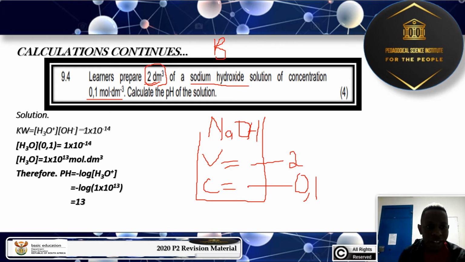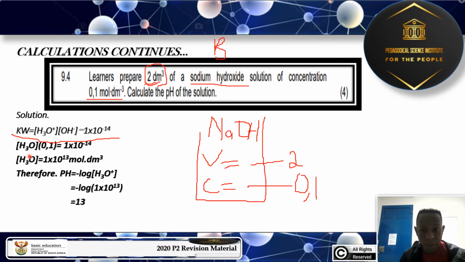We are going to write our formula. This formula, we are familiar with it, we know it. Kw is equal to concentration. These square brackets mean concentration. Concentration of hydronium times concentration of hydroxide is equal to 1 times 10 to the power negative 14. Therefore, how are we going to do it? Because we need the concentration of hydronium, we are going to say concentration of hydronium, in square brackets.